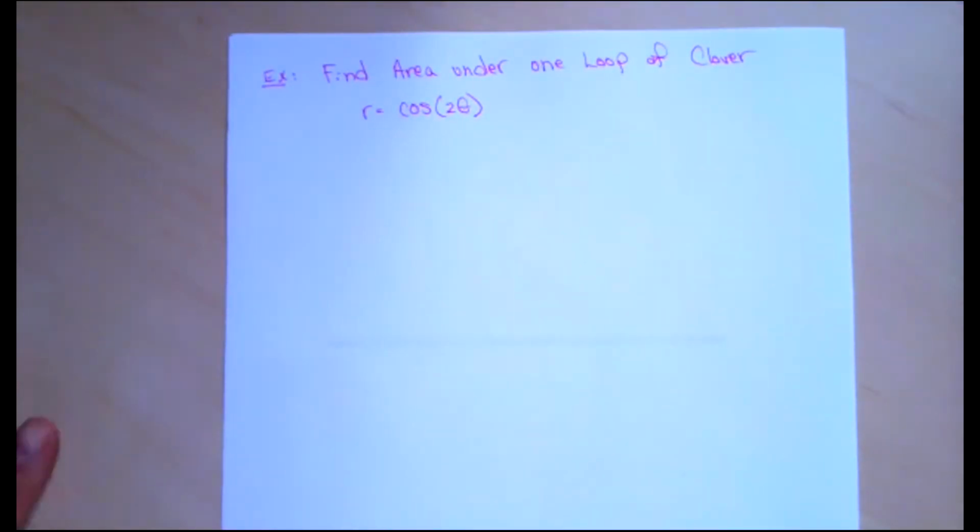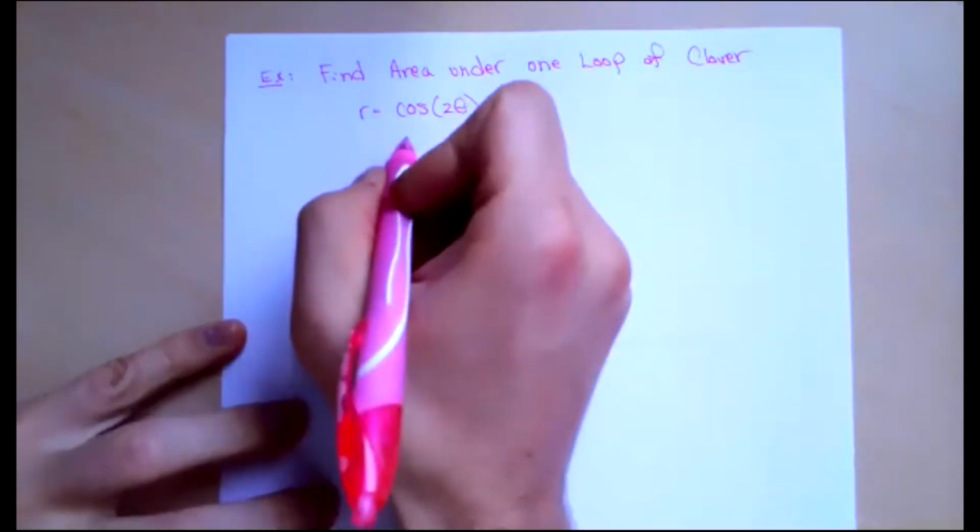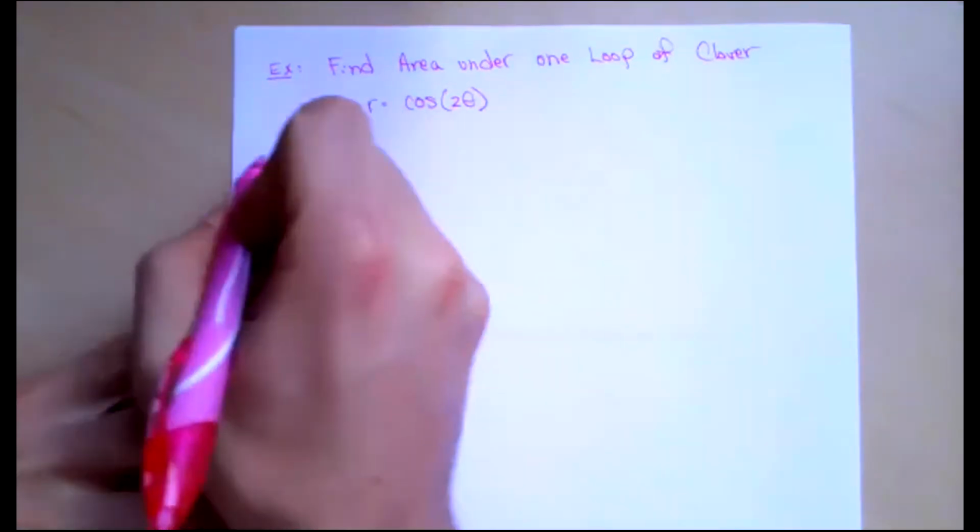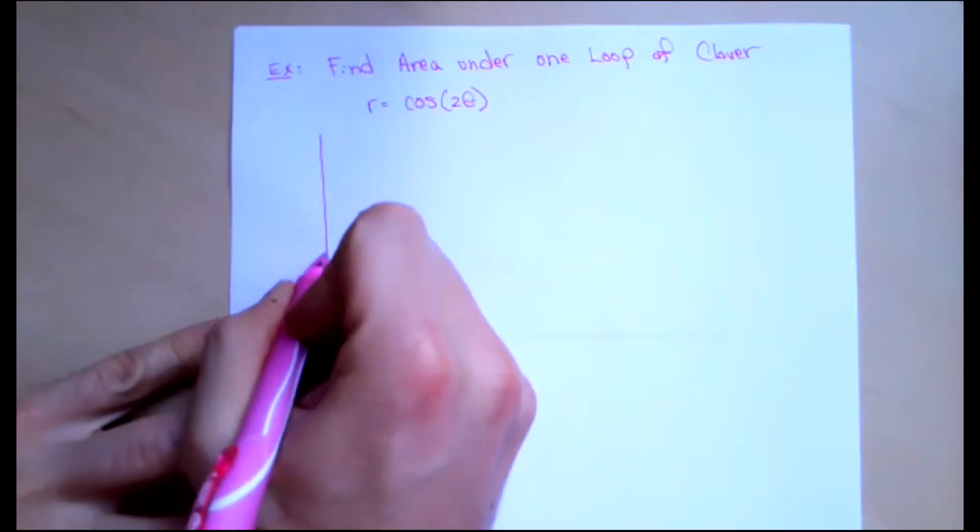Have we graphed this yet? Have you guys tried to graph this guy? We've done r is equal to cosine theta, and I think r equals sine theta as well, or at least one of those. With 2 theta, things get a little tricky. Let's go through it real quick, just to practice graphing.